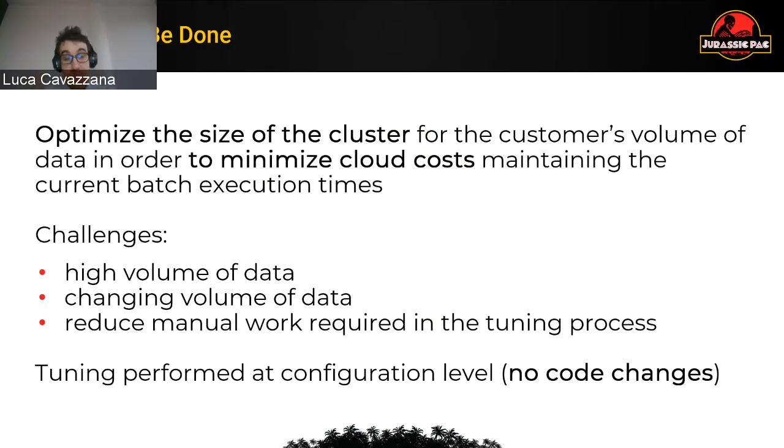And the problem is that the optimization of this cluster is manual work, because it requires testing several configurations manually, and it's something we are really looking into to minimize the human effort.